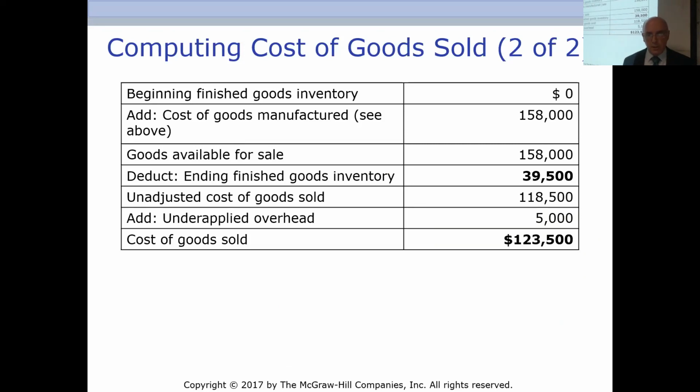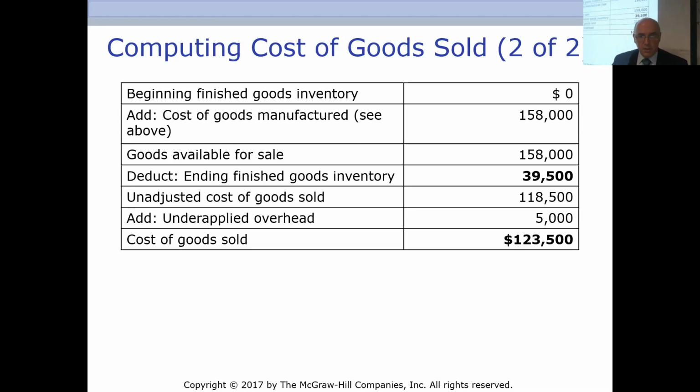That gives you something called cost of goods available for sale. If you sold everything you had that was finished, the cost of that would be 158,000, cost of goods available. But you didn't sell everything because you had 250 medallions left. The finished goods inventory for those 250 medallions was 39,500. So you subtract that.